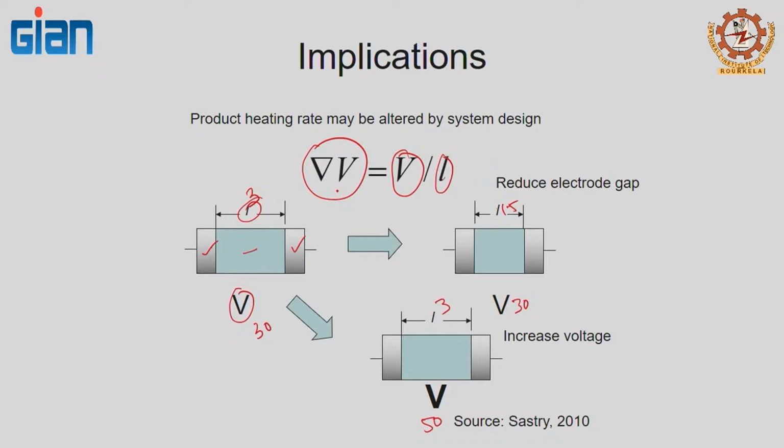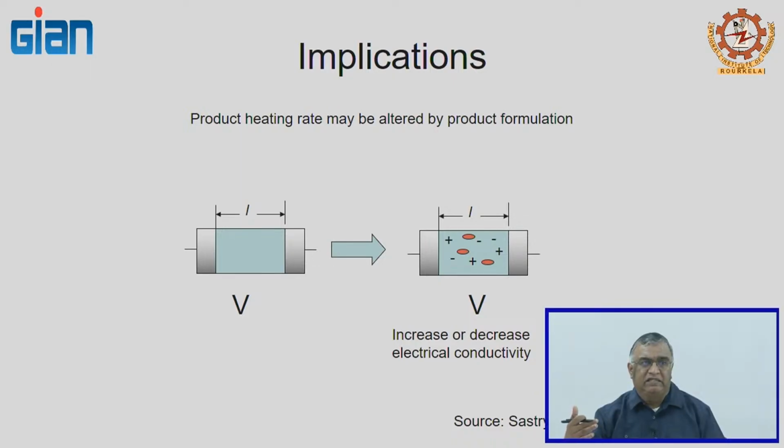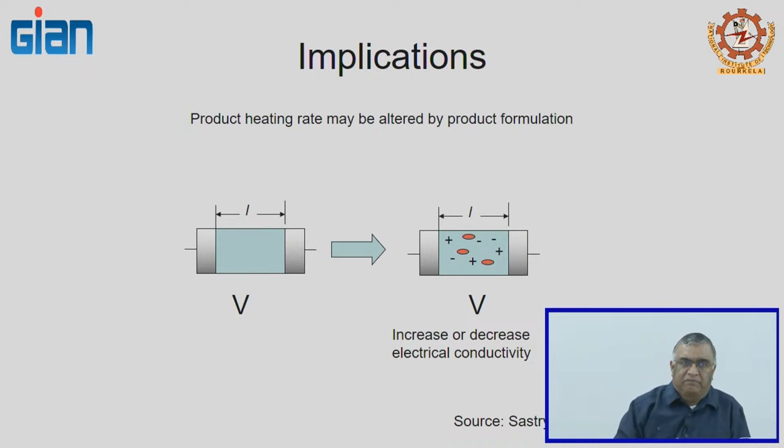You can do that by adjusting the gap, or increasing the voltage, or changing the properties of your formulation. So, one limitation is how do you change the electrical conductivity of a food formulation? Give you some thoughts. The answer is you can change that by adding or removing salt. Salt can increase or decrease the electrical conductivity of your food material. So, you can do that.